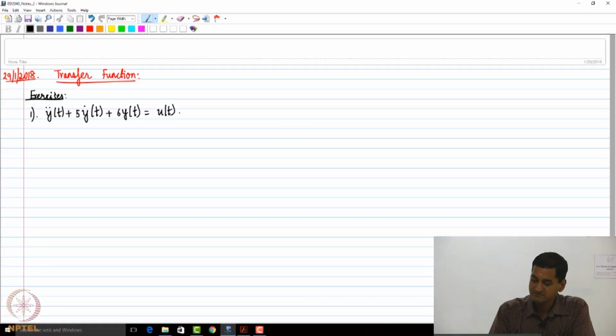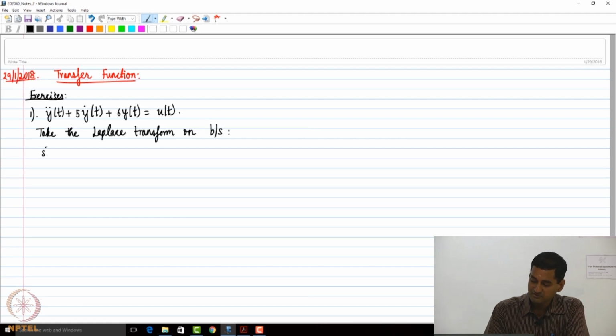This is the system whose governing equation is given by y double dot t plus 5y dot t plus 6y equals u of t. As we can observe, this is a second order system, correct? So if we take the Laplace transform on both sides, what do we get?